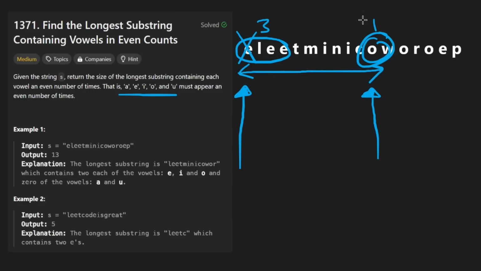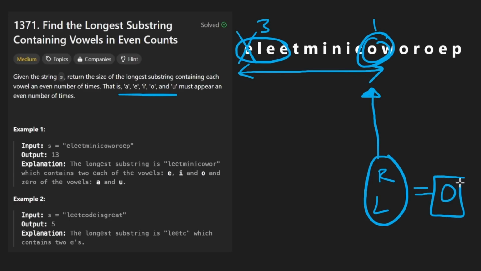It was literally right here. So what would be the longest valid substring ending here? This is our right pointer, and we're trying to figure out where the left pointer would go. It's also going to go here. So we do right minus left, and that leaves us with a substring of length 0. So ending here, the longest valid substring we can create is of length 0.